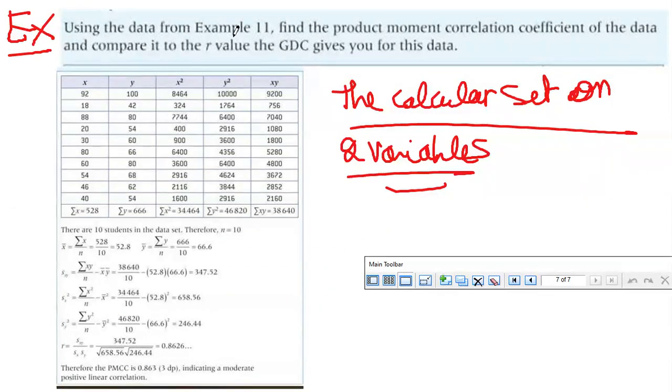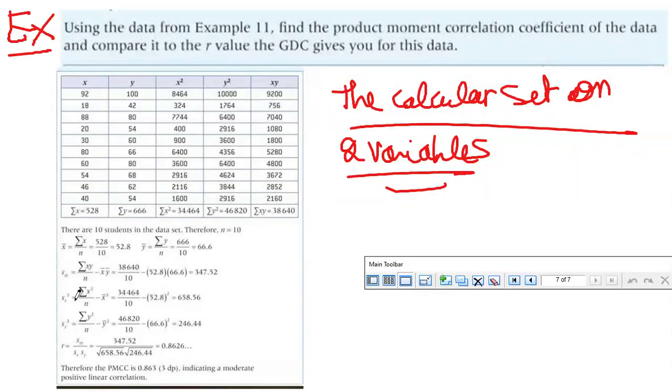Using data from example 11, the preceding example, find the product moment correlation coefficient of the data. So here I need to calculate it. You find X bar, you find Y bar. I can find it manually or by the calculator. Now I find the covariance of xy. It's sigma xy over n minus x bar y bar.